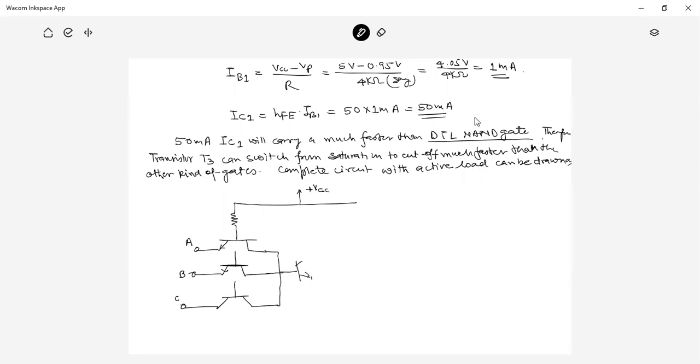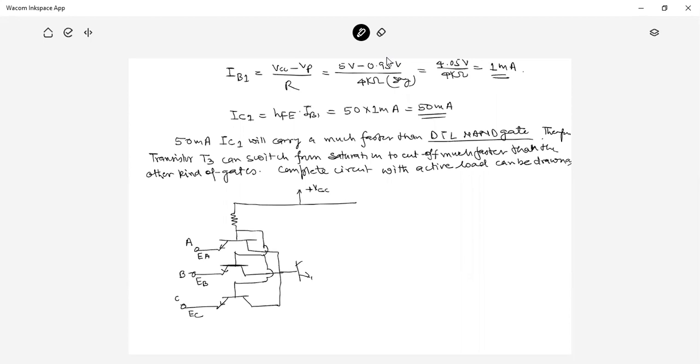Here all these base points are connected. This is EA, this is EB, and this is EC.